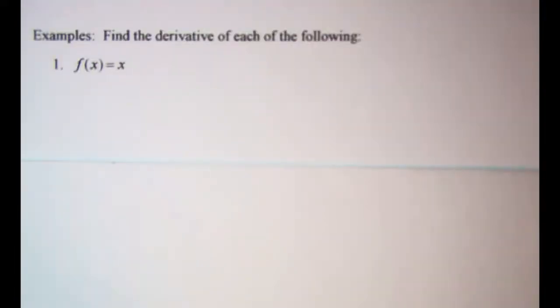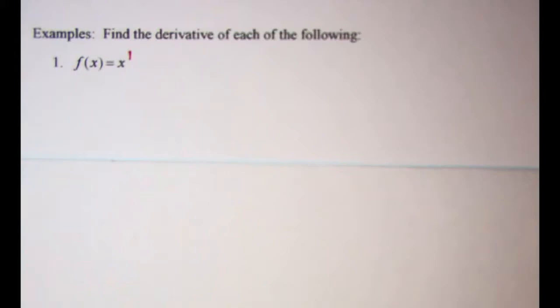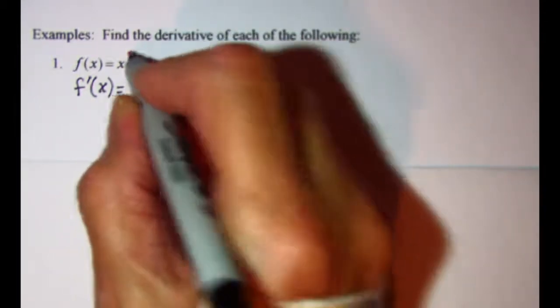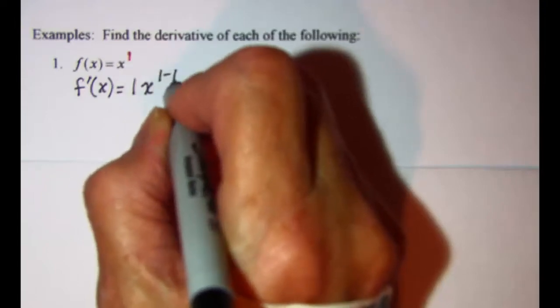Now in this example, in order to use our power rule, we need to remember that when the exponent is not visible, it's 1. So our power rule says that the derivative of this function is equal to that exponent brought out front as a coefficient, and then multiplied by x raised to that exponent reduced by 1.